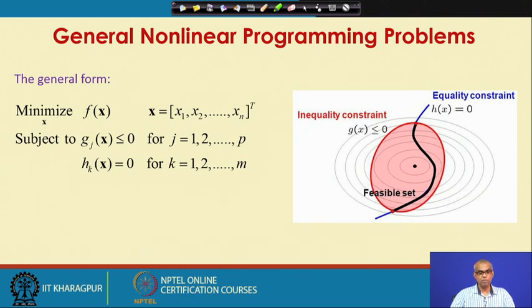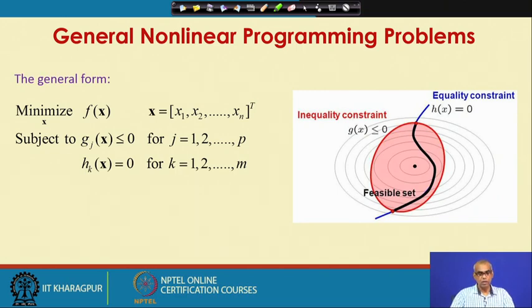This objective function has constraints of equality type and inequality type. So, there are j equal to 1 to p, that means p inequality constraints of less or equal to type, and k goes from 1 to m, that means m equality constraints as h equal to 0.